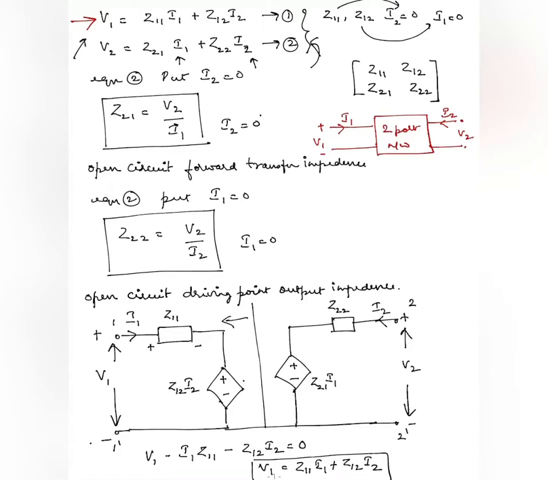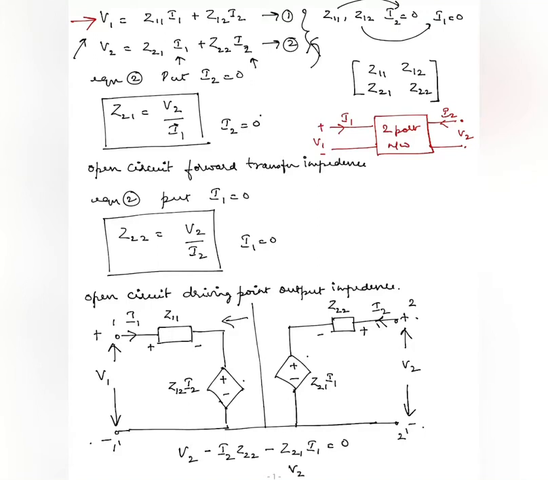So if you write the KVL starting from the output, minus to plus here, so it is positive V2, and current is flowing from right to left, so this must be positive, this must be negative, because current flows from higher potential to lower potential, so it is minus I2 Z22, and because of this dependent source it is minus Z21 I1 is equal to 0.